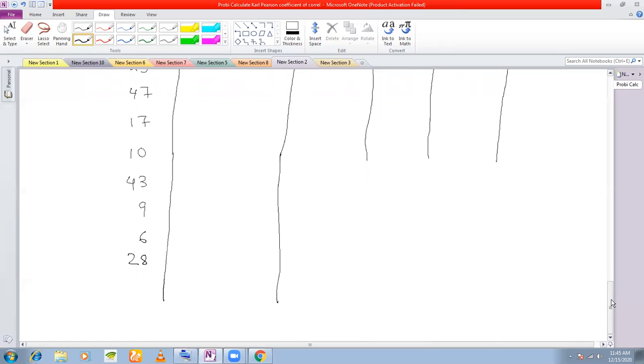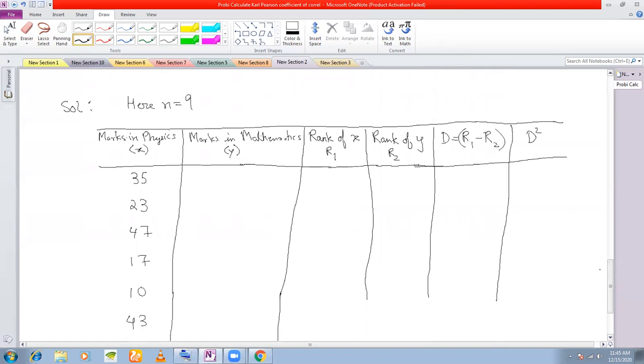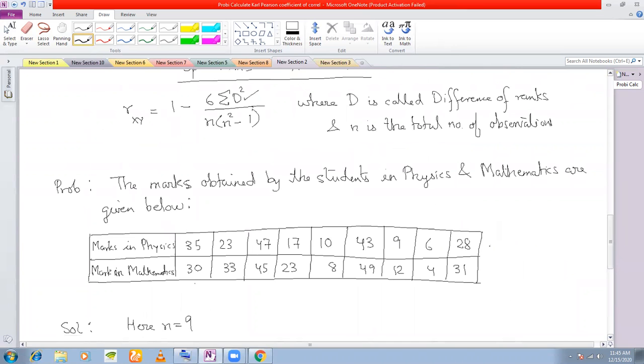Now we write Y. See, it is always better if you can arrange one of these, either X or Y, in ascending order and then write the corresponding observations.